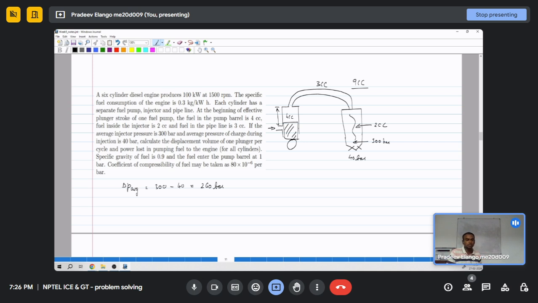So we can start by calculating the quantity of fuel that is needed. And how do we start? So the power per cylinder is 1000 divided by 6. That should be 16.67 into 10 power 3 joules per second.